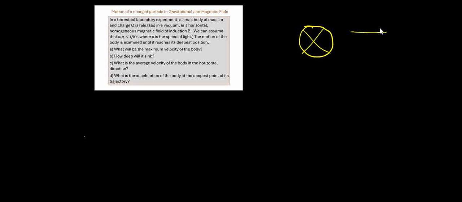Just think about it. I guess the magnetic field was in the z direction, positive z direction. The x-axis was like this, the y-axis was like this, and this was the z-axis.